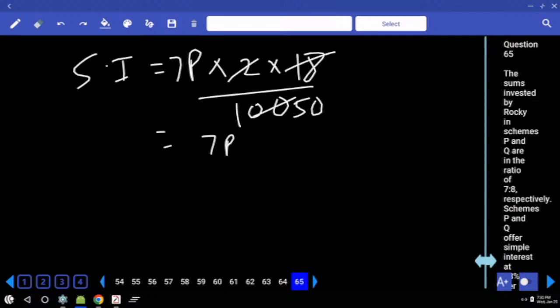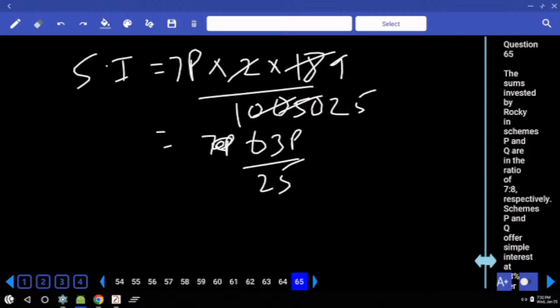Tell me. 925. ఎంత వచ్చింది? 63p/25, అవునా కదా? ఇది సింపుల్ ఇంట్రెస్ట్తో మనకు వచ్చిన సింపుల్ ఇంట్రెస్ట్.